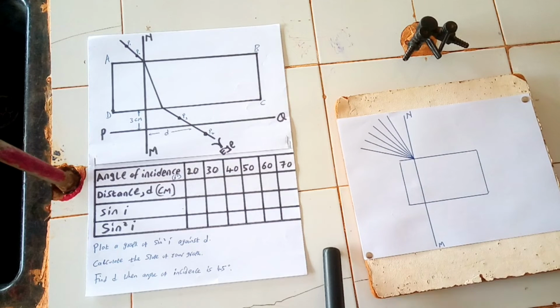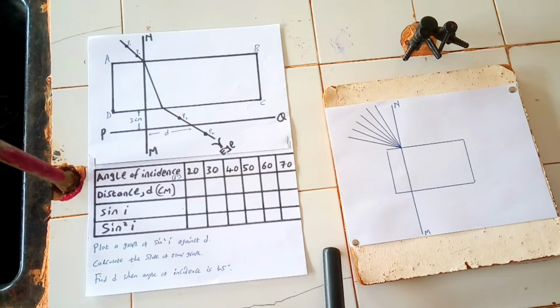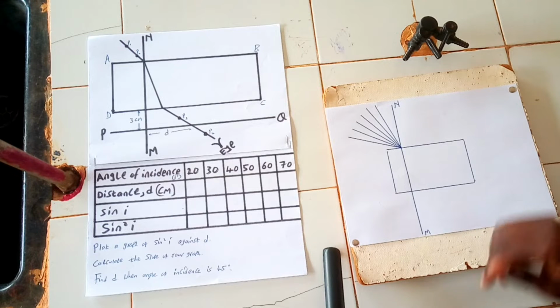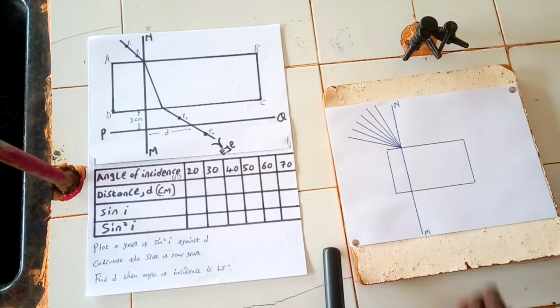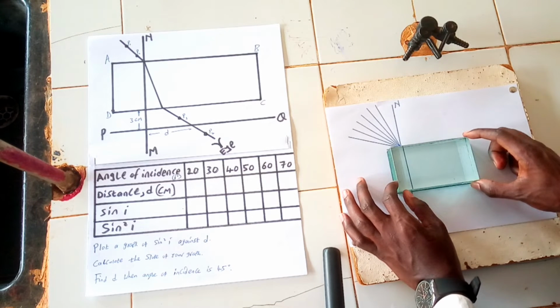So those are the angles, viewers. Those are all the angles. So from there, what I'm going to do now, I'll replace back the glass block, and then we'll draw all the angles together. So I'll replace back the glass block first.